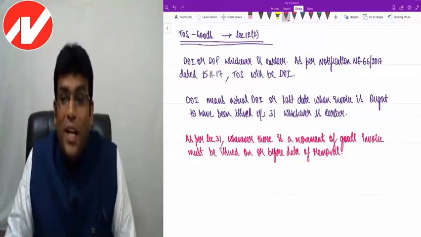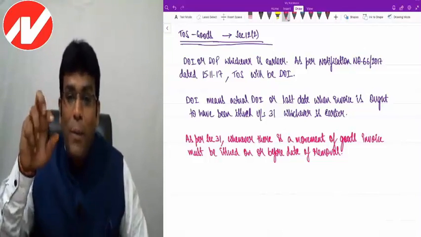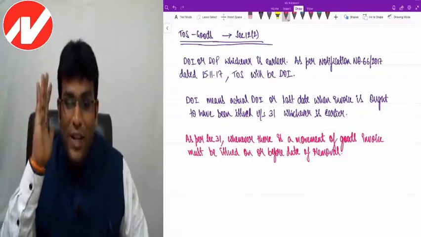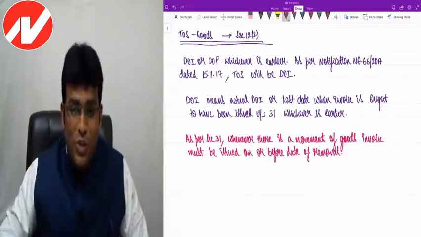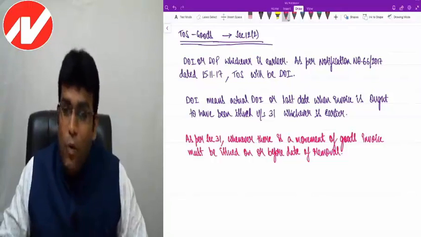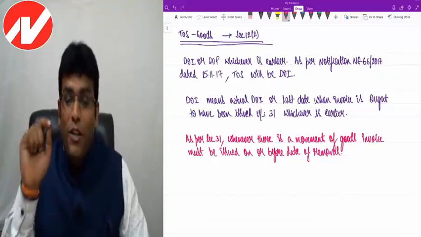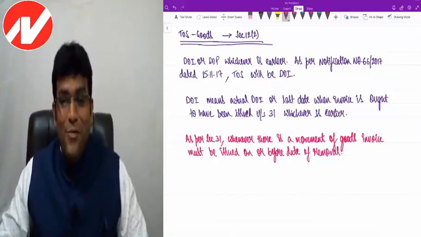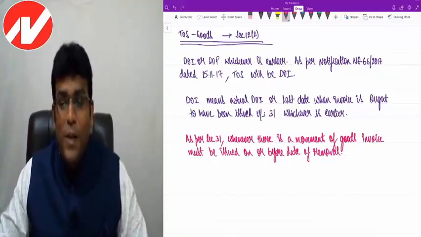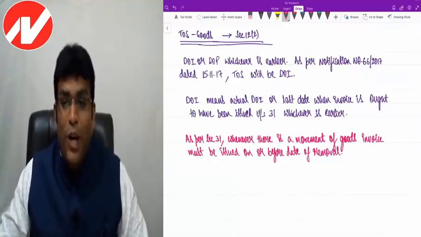And as per section 31, whenever there is a movement of goods, invoice must be issued on or before date of removal.